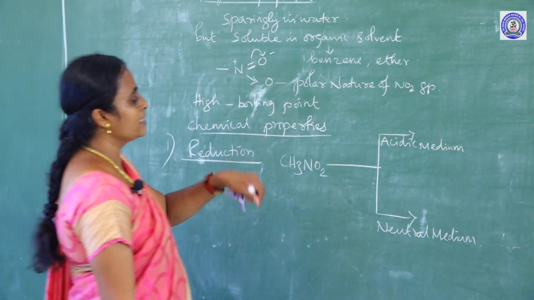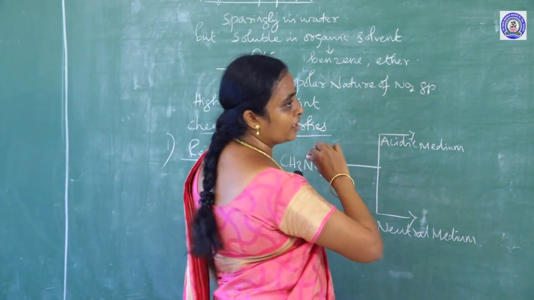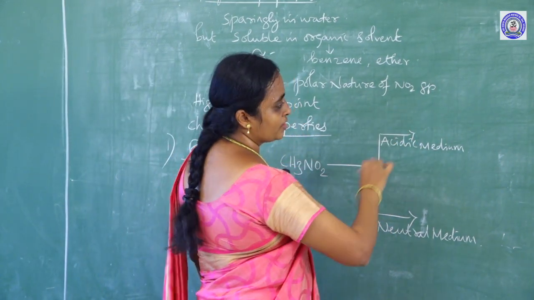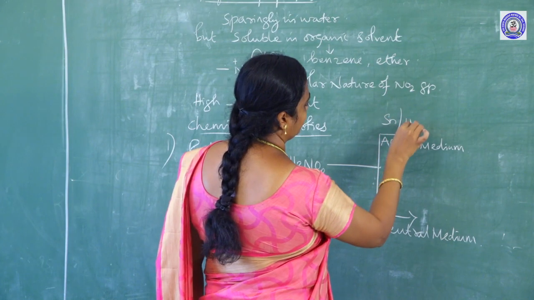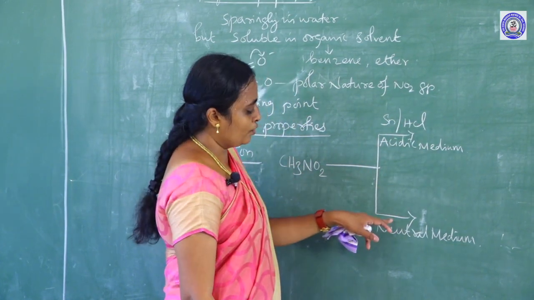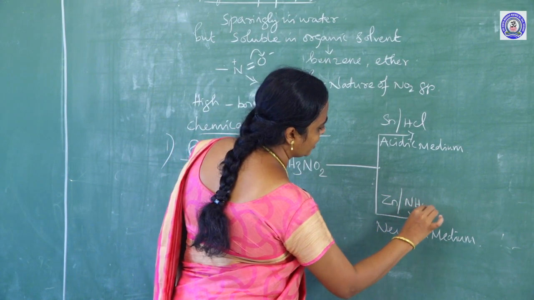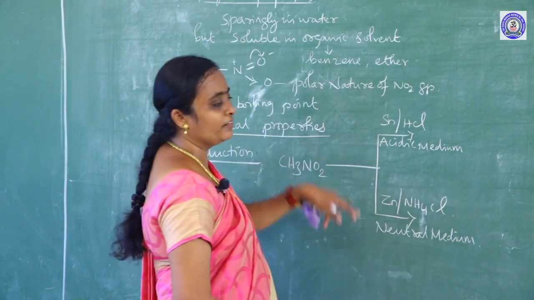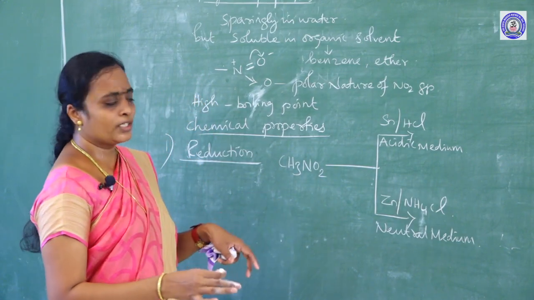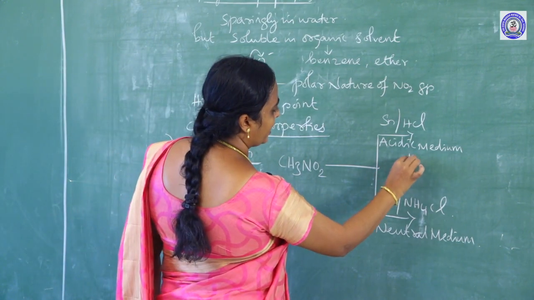If I am using an acidic medium, like tin and HCl, or for a neutral medium, zinc and ammonium chloride reagent, what is the difference? Usually reduction means we are going to add hydrogen.